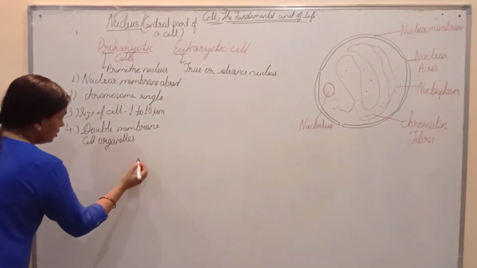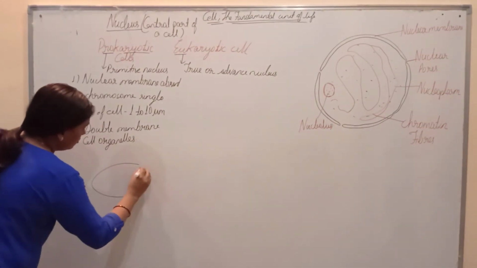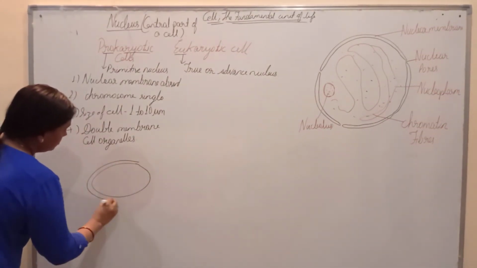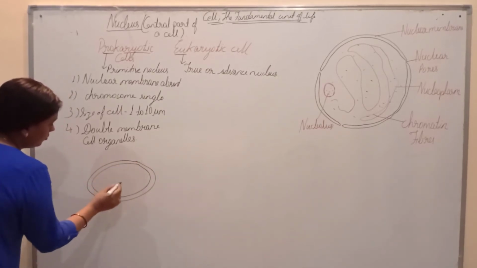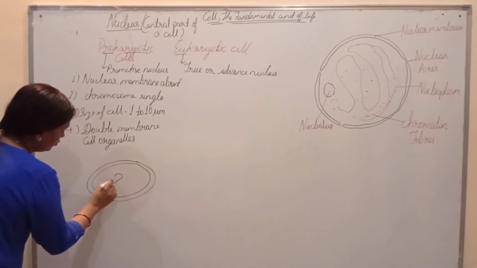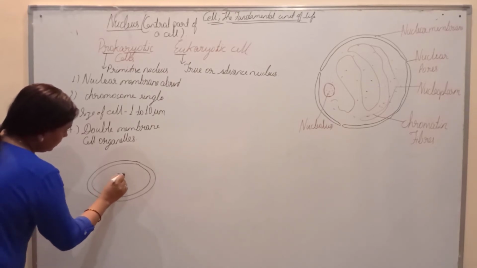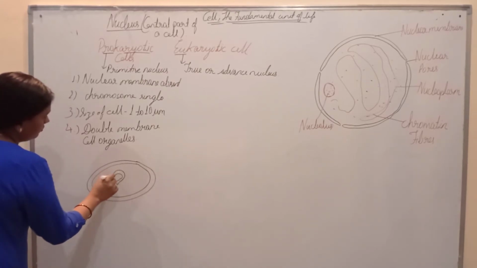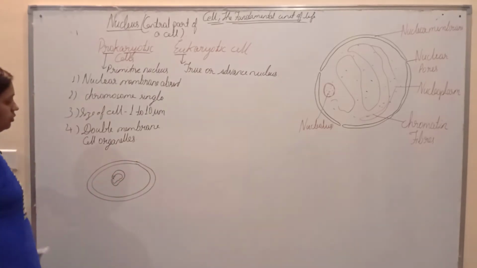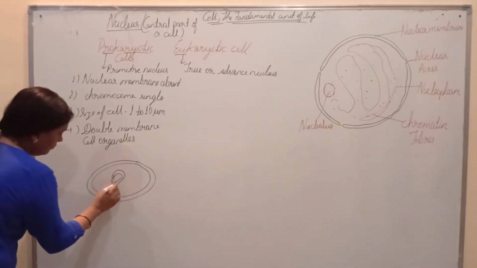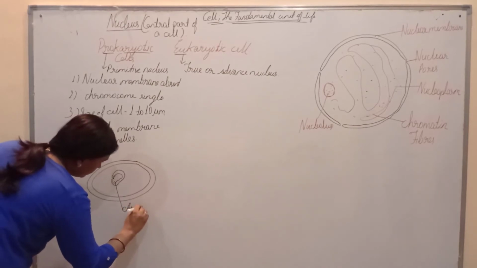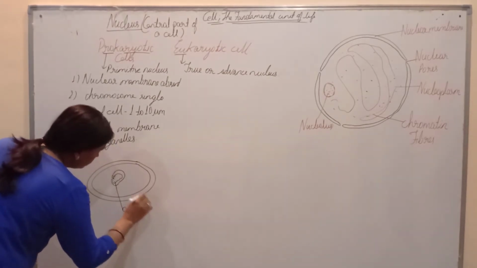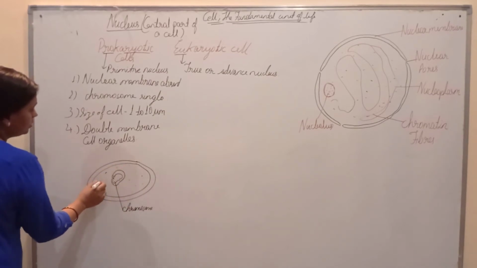Let us make the structure of a prokaryotic cell. In a prokaryotic cell, the nuclear membrane is absent and chromosomes float freely inside the cytoplasm.